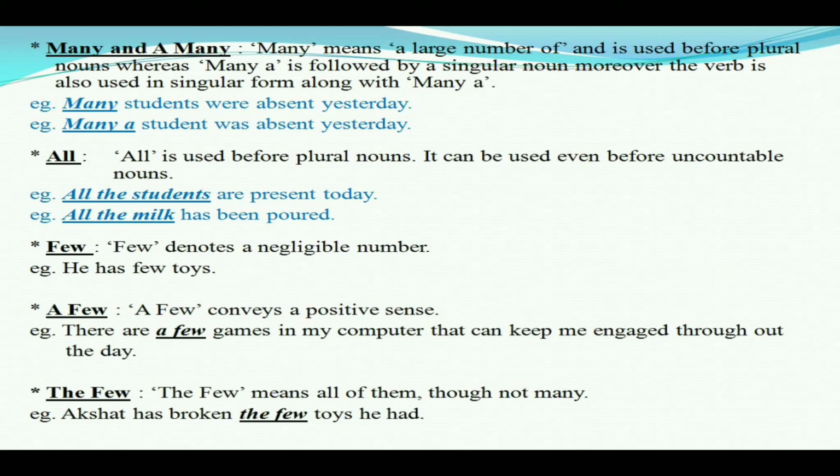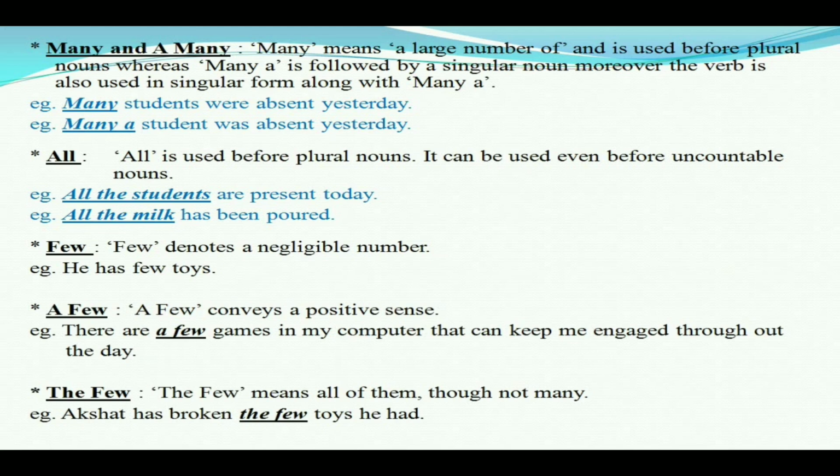Whereas if we use many a, though their meaning is same, however, many a is a literary form of many. Therefore, along with many a, both the subject and verb are used in singular form, whereas along with many we use verb and subject, both the things in plural form. Many a student was absent yesterday. So you may say in any of the two ways.